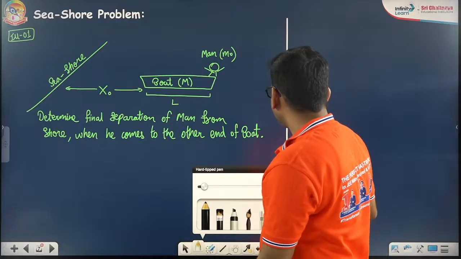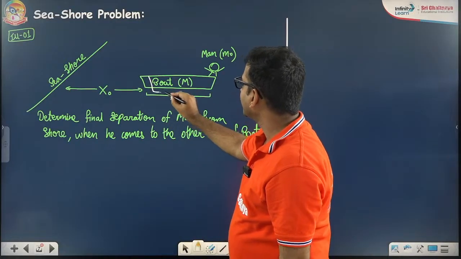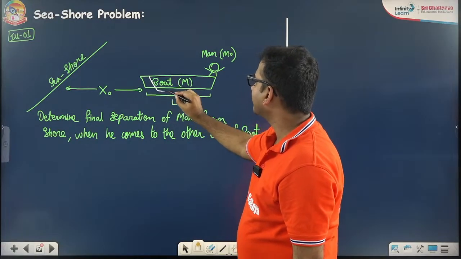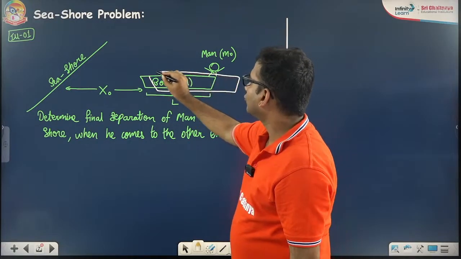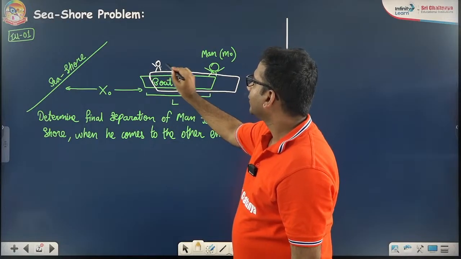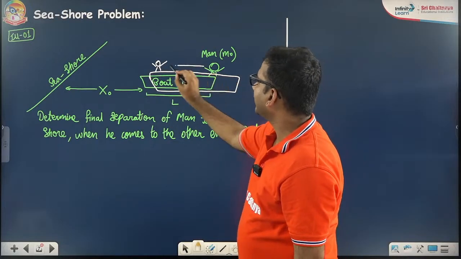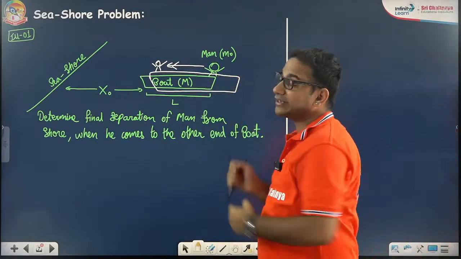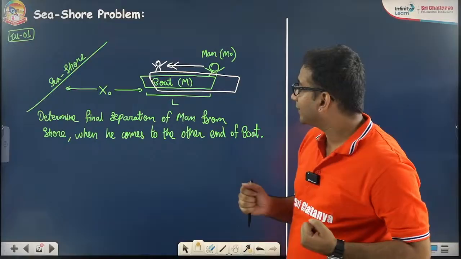The reason is in a later stage, when the man reaches the other end, the boat will be somewhat like this. The boat would also be shifted here, when the man reaches this end, because of the recoil. Internal friction, just now I explained. All right.